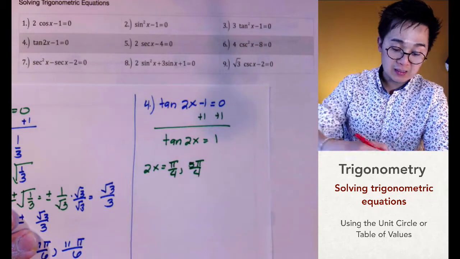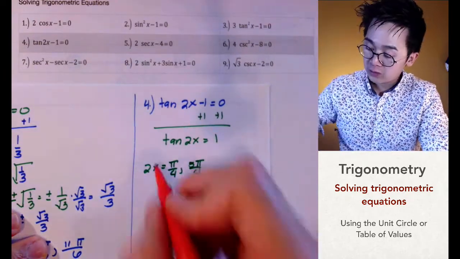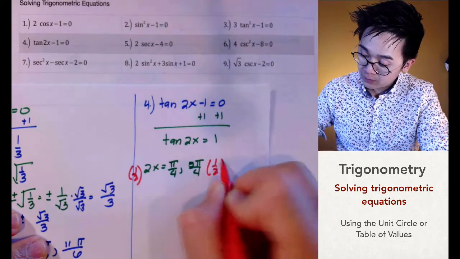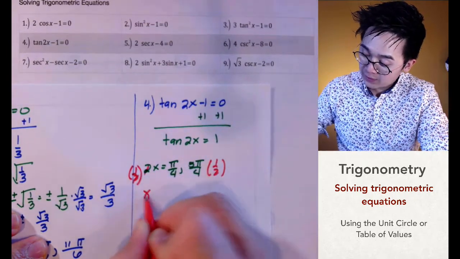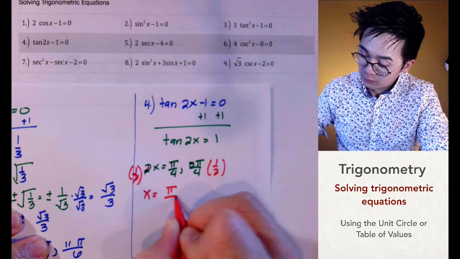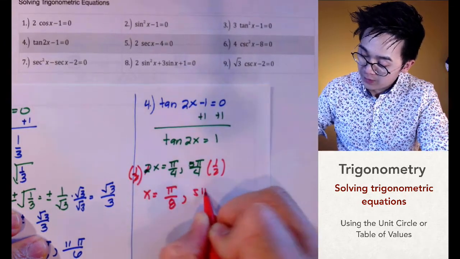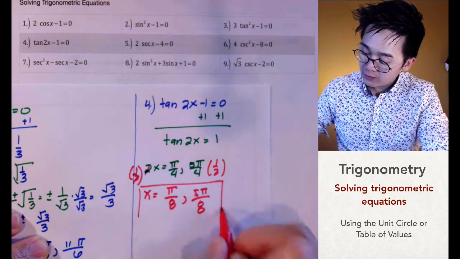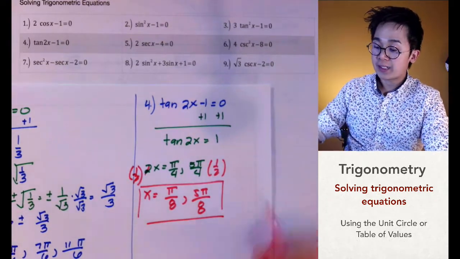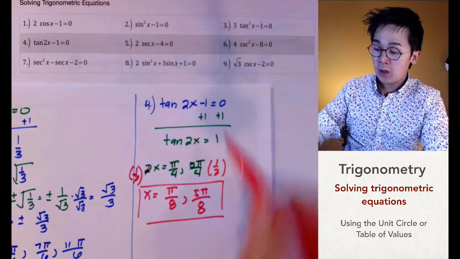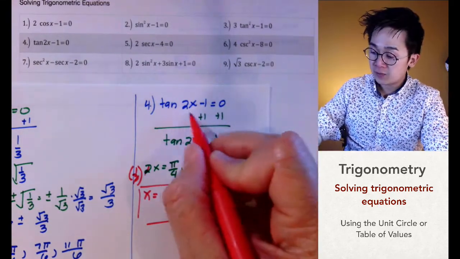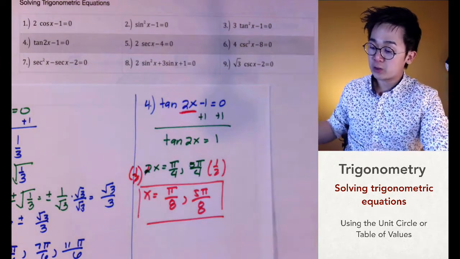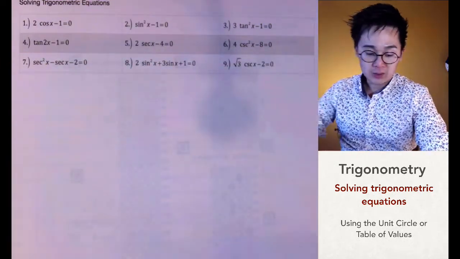But since this is equal to 2x, we're going to get rid of 2 by multiplying both sides by 2. So we'll have x equal to pi all over 8 and 5 pi all over 8. So that is the difference between finding the values of our solution when we have a coefficient right next to our variable. So these are the 2 solution sets of our problem number 4.